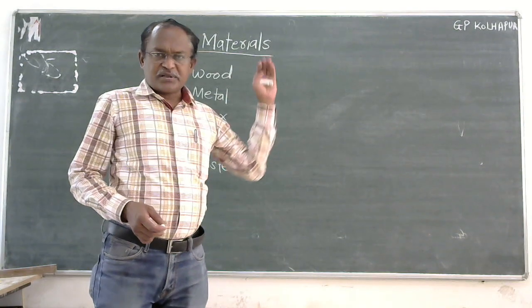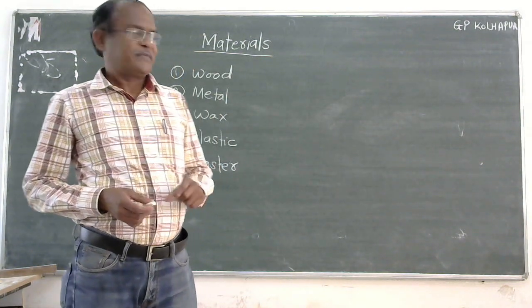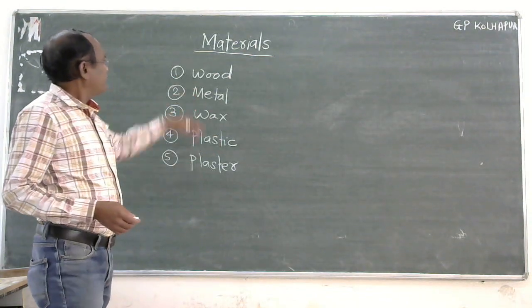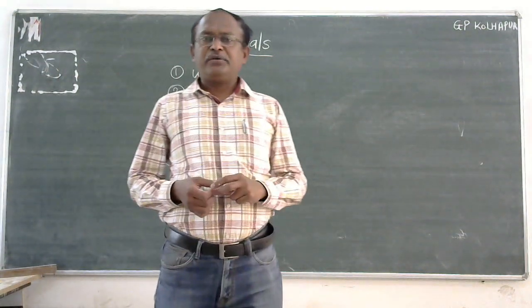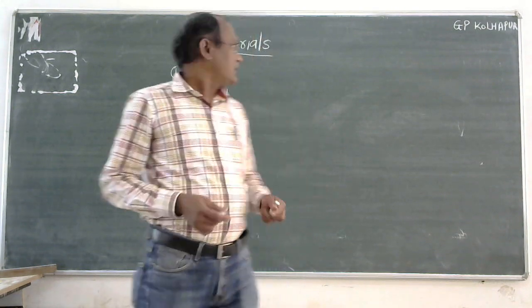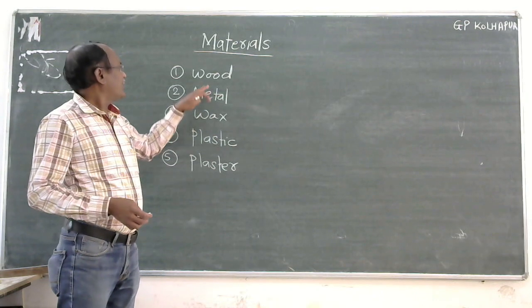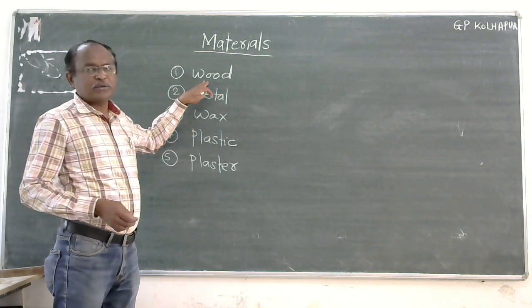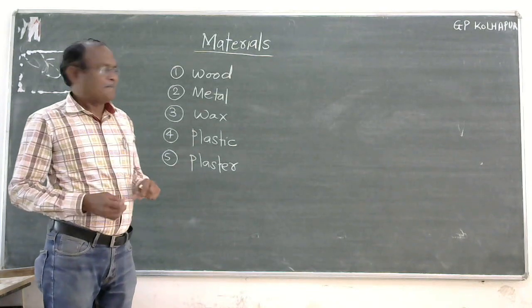After studying this, you will be able to understand the various materials to be used, when you are going to use wood and when you are going to use metal. So the selection criteria: when I am going to use wood, why is wood used as a pattern material?